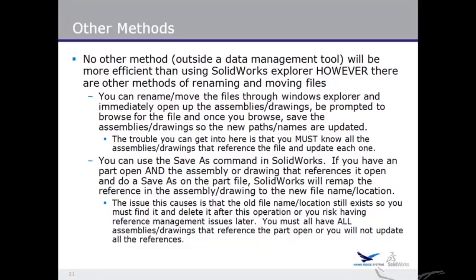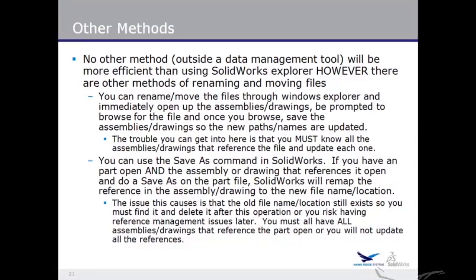If you're going to do it that way, you then must open the assembly in SolidWorks. It's going to tell you that it can't find the reference, and you're going to have to browse for it. Once you browse for the reference and save, the assembly will be updated with the new name or the new location, and you can go on your merry way.